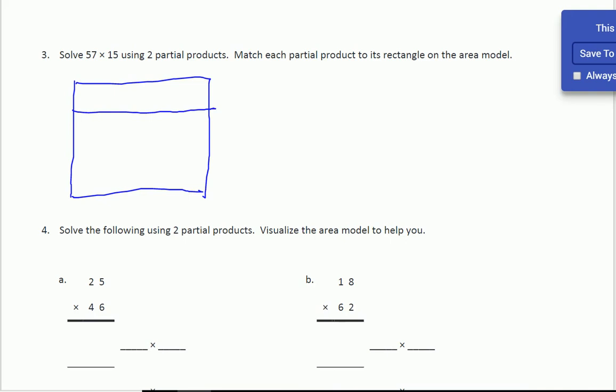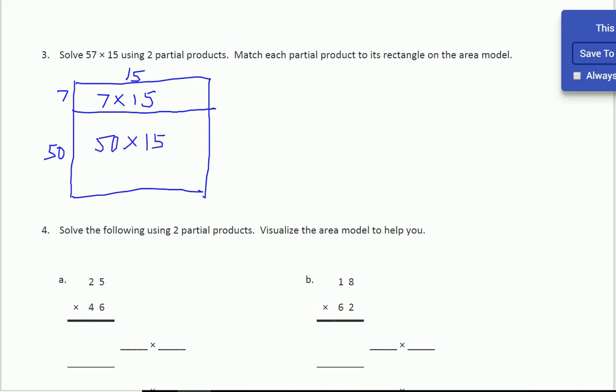This is 57 along the side, so we have 7 and 50. And on the top, we're not splitting it this time, so we have 15. That's going to be 7 times 15, and to that we're going to add 50 times 15.